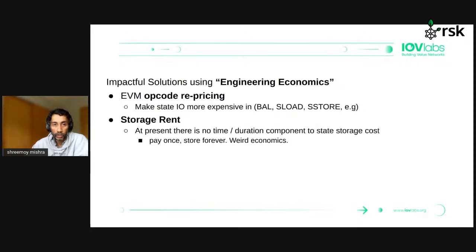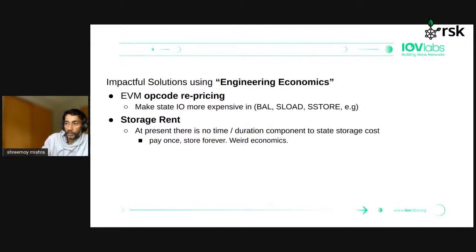Storage rent changes that, and it introduces a time or duration component to say users, developers, whoever's interacting with the state should pay some fees for how long data is stored in state. Because the current system is really weird economics, pay once, store forever. So that's the second approach.